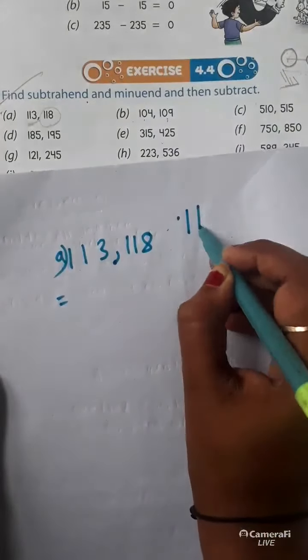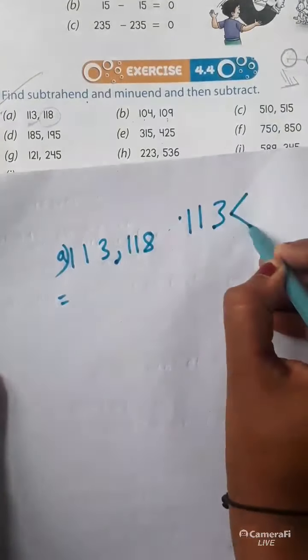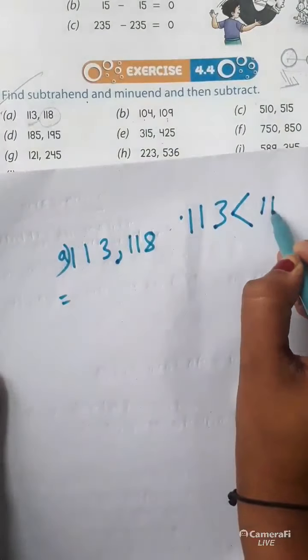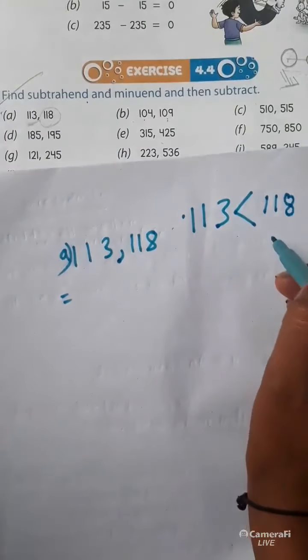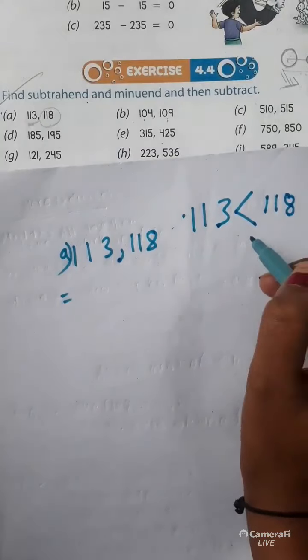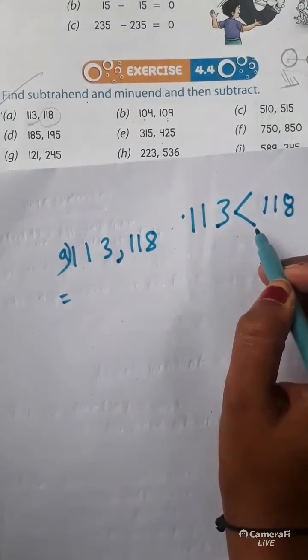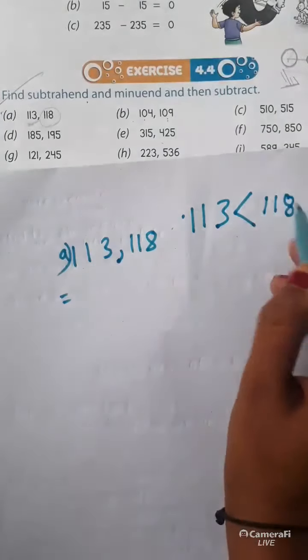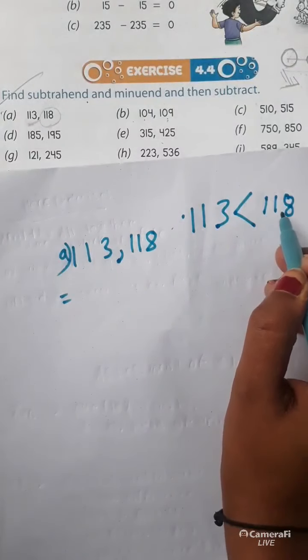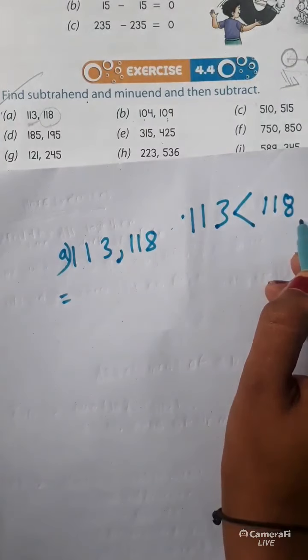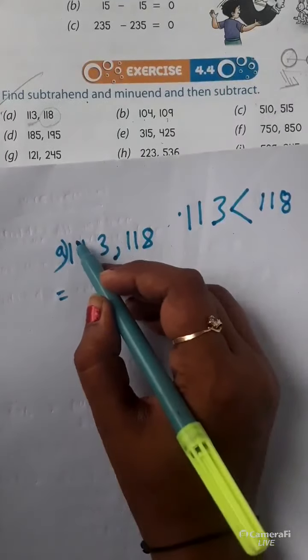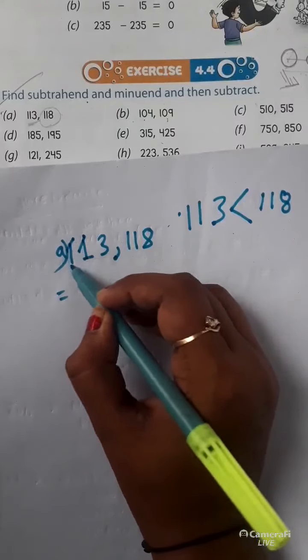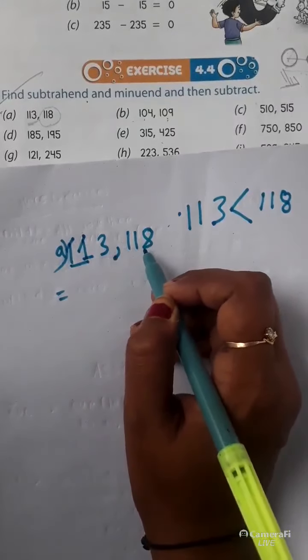As I taught you, the bigger valued number is the greater valued number. So here you can see 118 is bigger than 113.